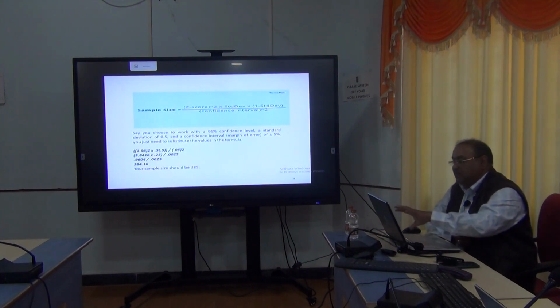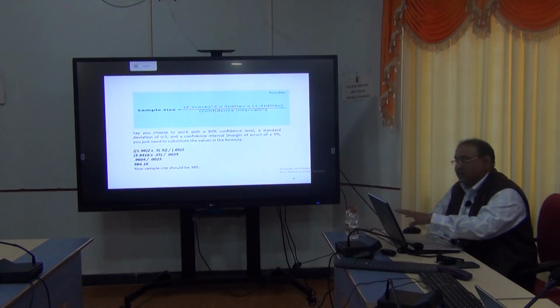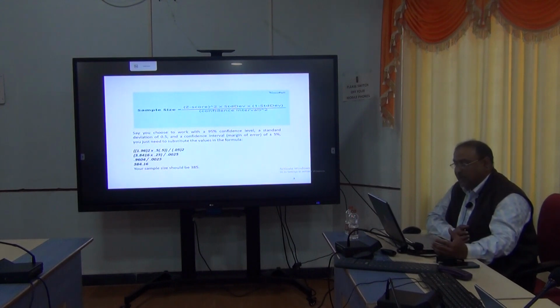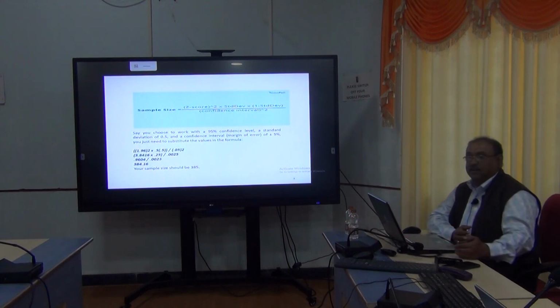That's why many people are not convinced by the argument that the sample size has to be determined by following a particular formula. Rather, they use what they call a mixed method: I have a target based on the budget, I have worked out how many households I can cover, so they work backward.